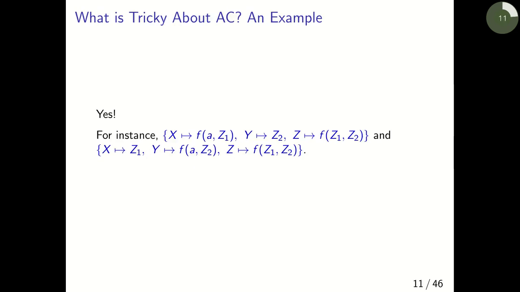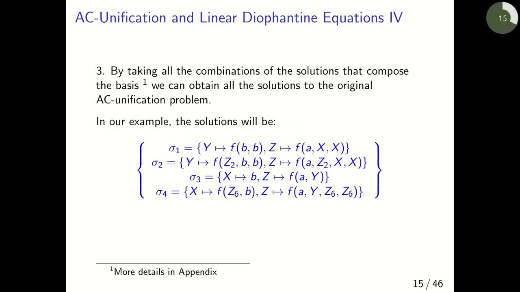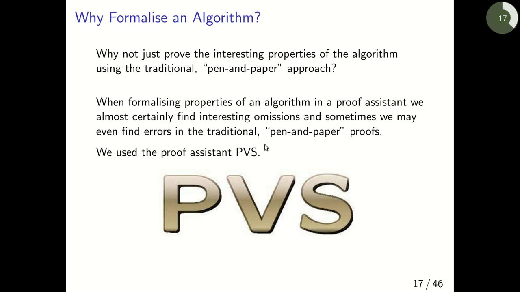So some errors may be discovered in this process. In the research group that I am part of, we use the proof assistant PVS, but some people like to use Coq, Isabelle, or Lean. Those are just other proof assistants that you can use.